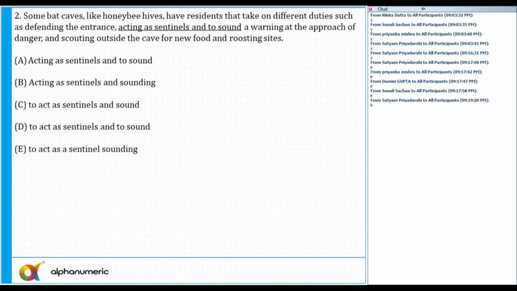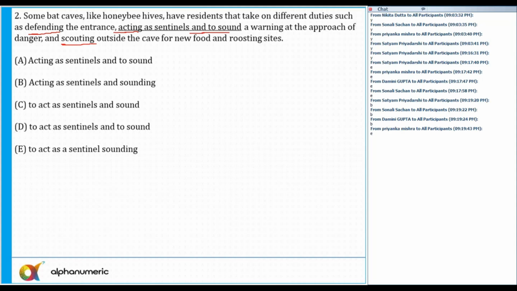And to sound a warning. Again, now because we are using defending, acting, so over here we'll have to use sounding a warning at the approach of danger, and scouting outside the cave, for new food and roosting sites.